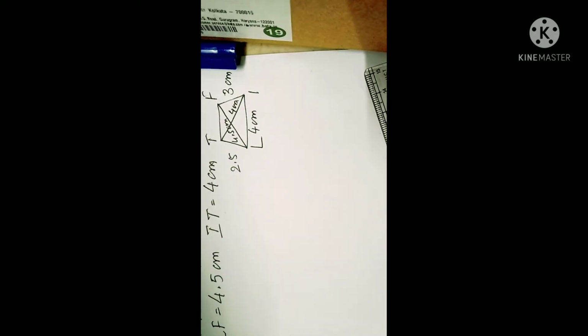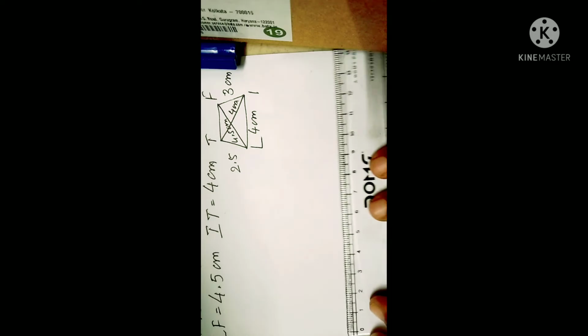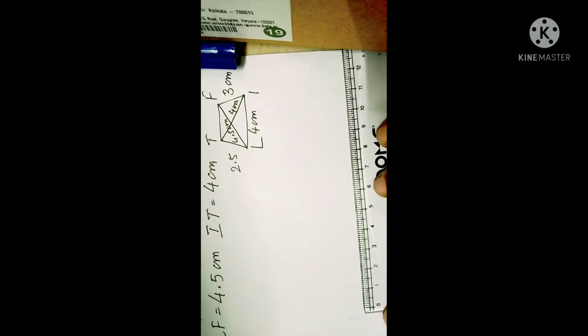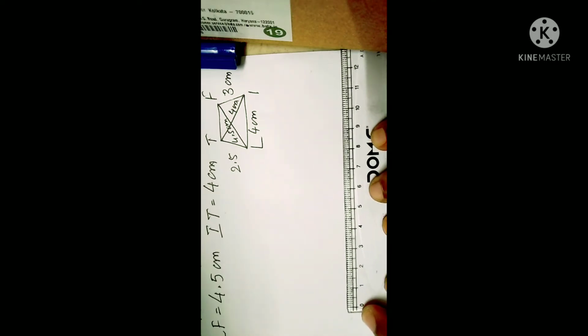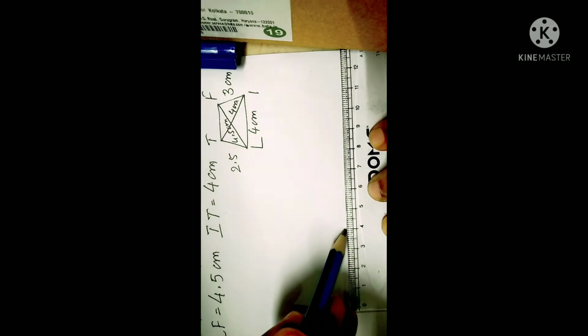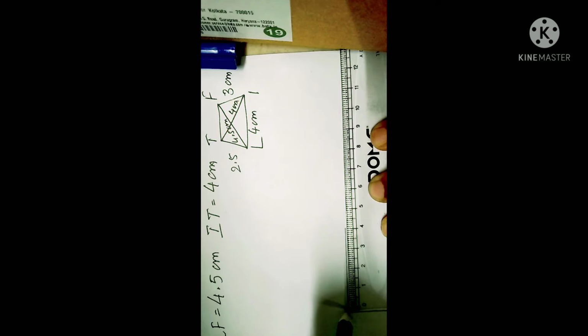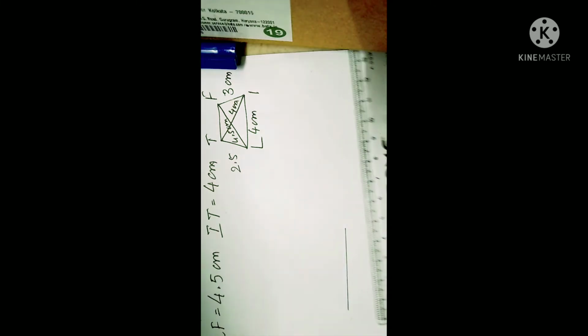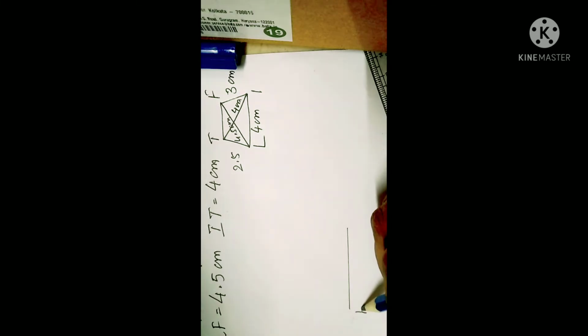Now, what is the first thing that you have to do? The first thing is draw a line segment of 4 centimeter. So, let us draw first 4 centimeter LI. LI 4 centimeter. So, mark it LI, which is 4 centimeter.